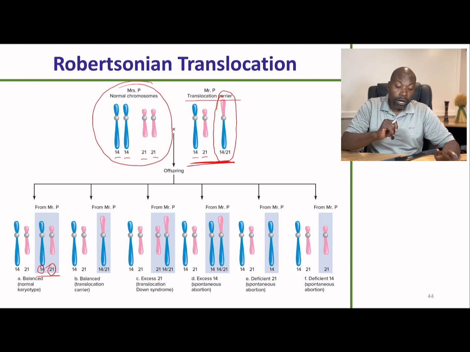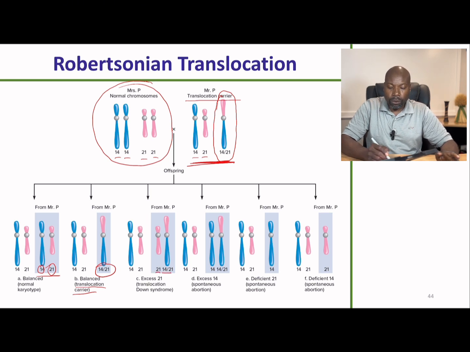He can produce a sperm with a chromosome with translocation between 14 and 21, okay? So we have a translocation carrier here. We can have a sperm cell that has chromosome 21 and a translocation 14;21. This individual is going to have Down syndrome, okay?